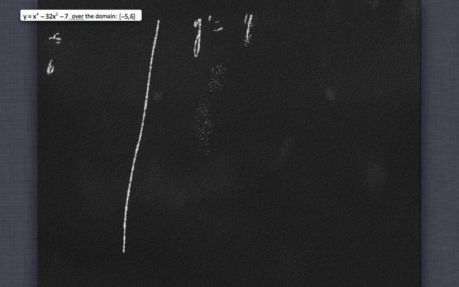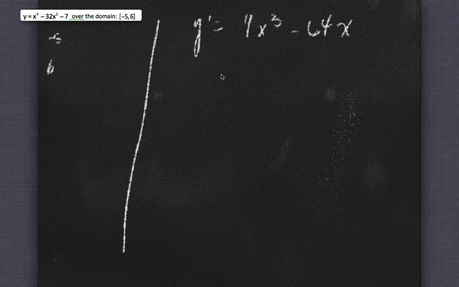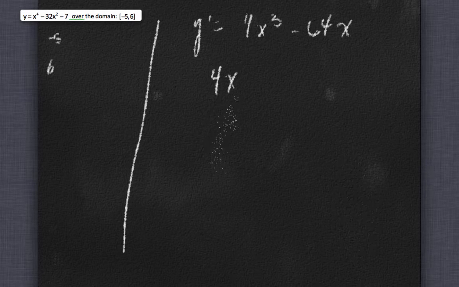So the first thing is you know that those two are possibilities, and then you take the derivative. And then you factor that.